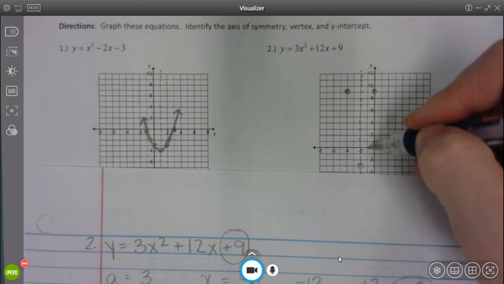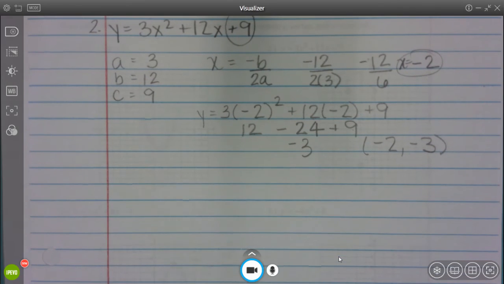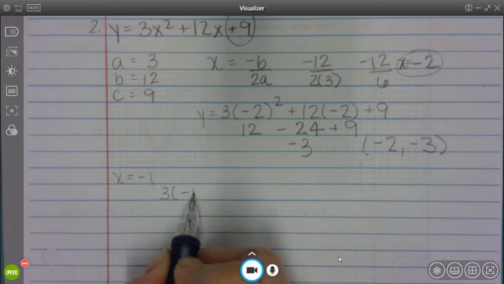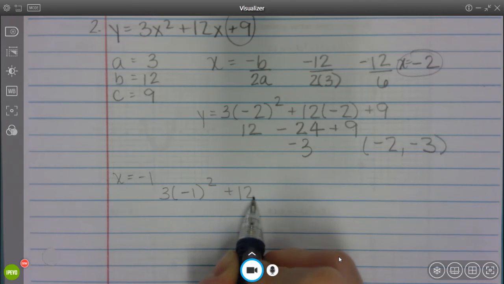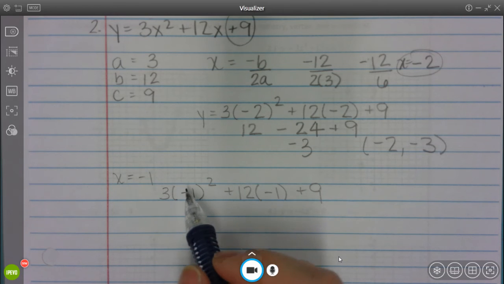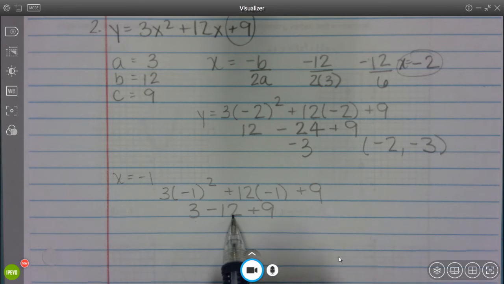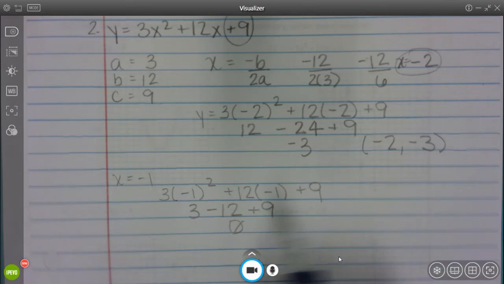So here I don't see anything for x equals negative 1, so I'll use that as an x value that I'm going to use to find a coordinate. So we'll have 3 times negative 1 squared plus 12 times negative 1 plus 9. Negative 1 squared is 1 times 3 is 3. 12 times negative 1 is negative 12 plus 9. 3 minus 12 is negative 9, plus 9 is 0.